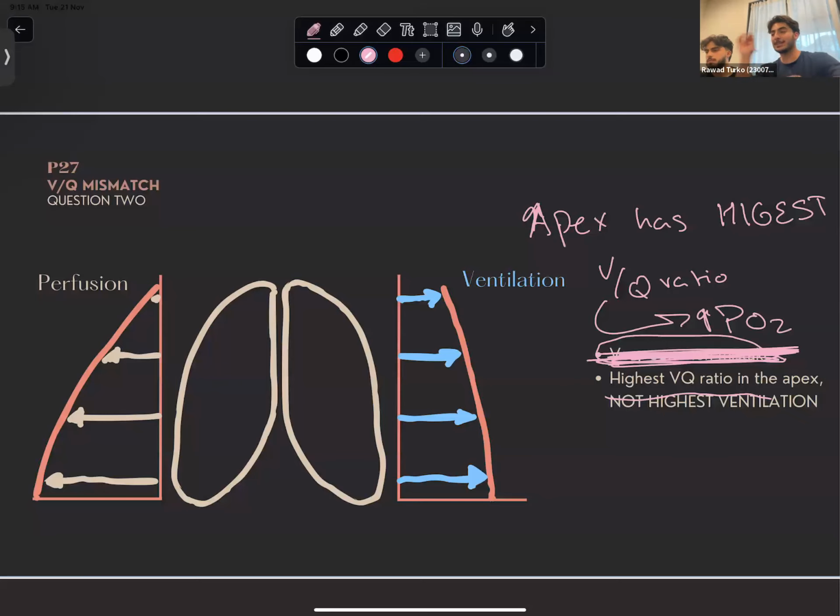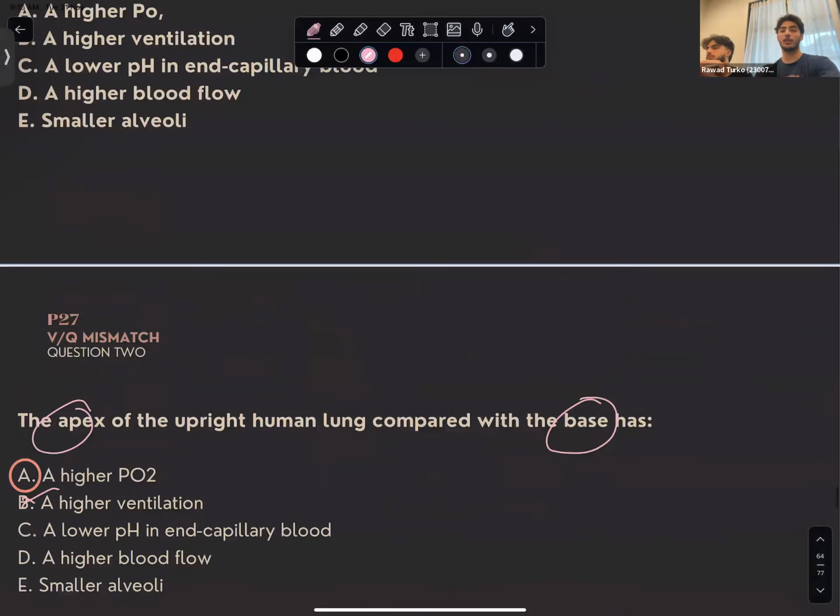Okay, it's a bit of a difficult concept to nail down, because whenever you think you have it down, you'll get another question to mess you up a little bit. So if you understand it, great, wonderful. If you don't understand it, at the very least, just remember the apex of the lung will have a higher PO2 than the base of the lung because of the ratio.